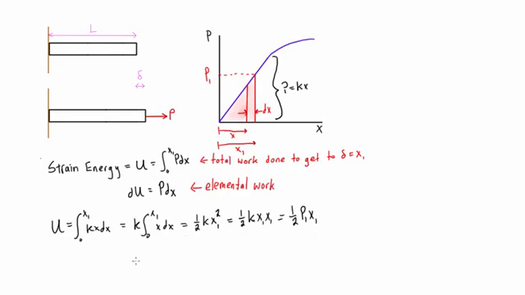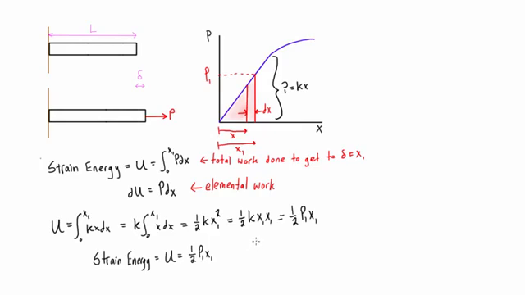So this is our expression for strain energy, where U is equal to 1/2 P1 x1. And basically the strain energy of a member is just the increase in the energy due to the deformation of that member. And the other thing to mention is that strain energy is in units of joules, which is newtons times meters. And when we look at that, that's what we do have. We would have newtons here times meters.